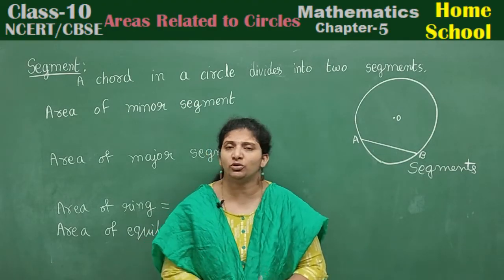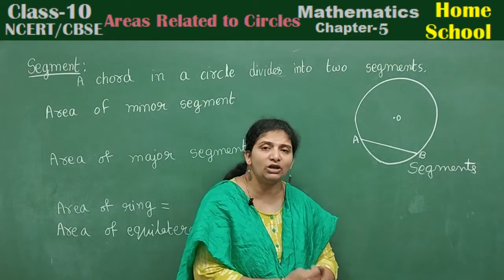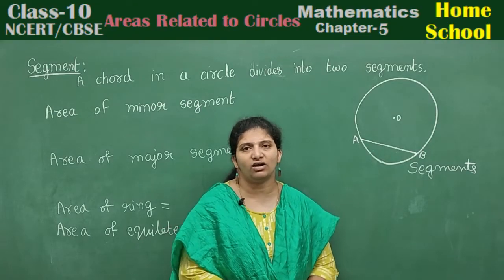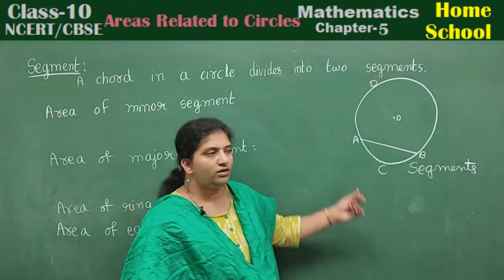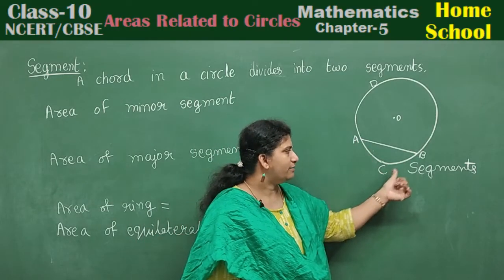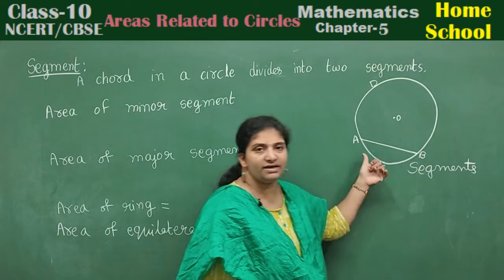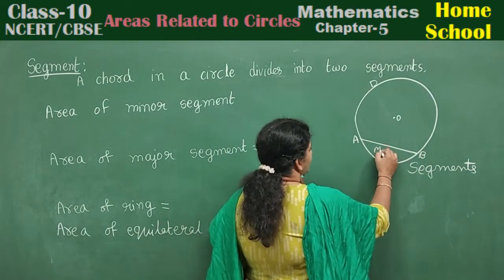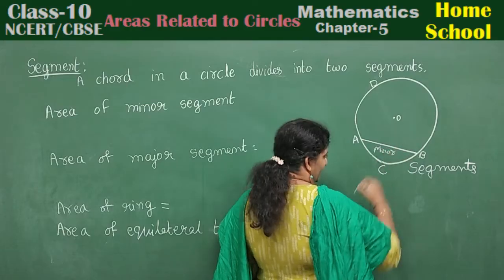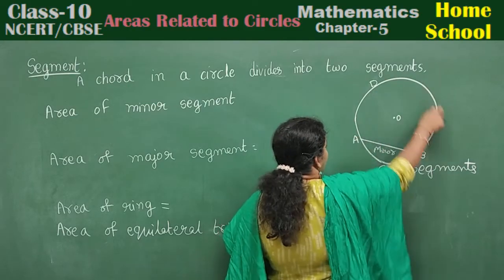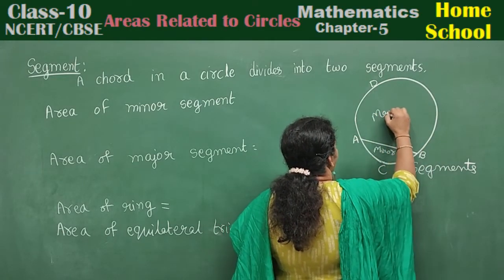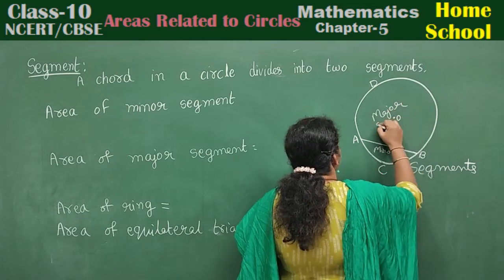Another way to remember: the one which includes the center is called a major segment. Look here, children. A, B, C is a minor segment, and A, D, B is a major segment.